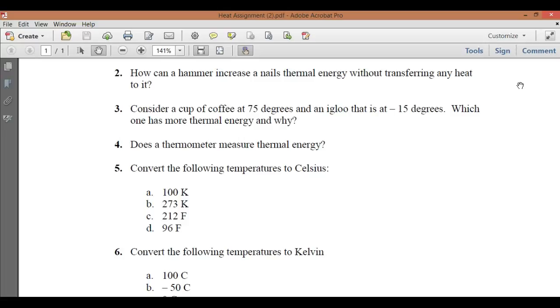Okay. 6A. You have to go from Celsius to Kelvin. So 100 Celsius plus 273.15 Kelvin over degrees Celsius. This is 373 Kelvin, no decimal places.